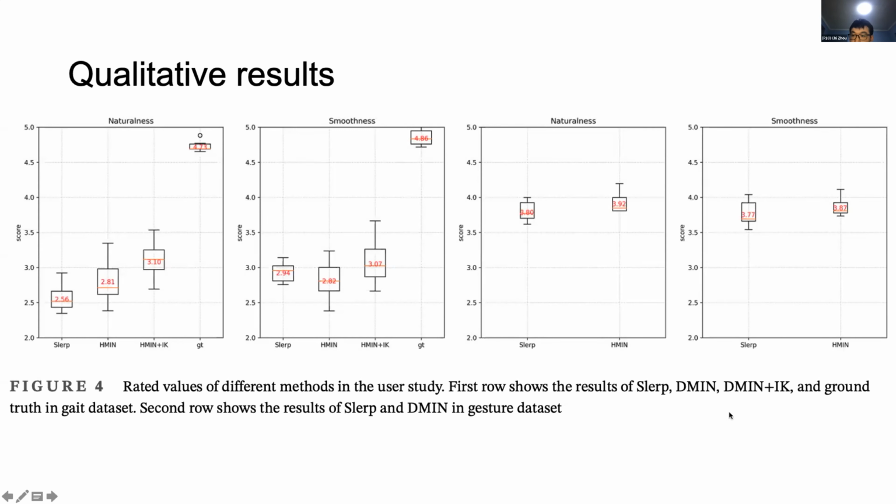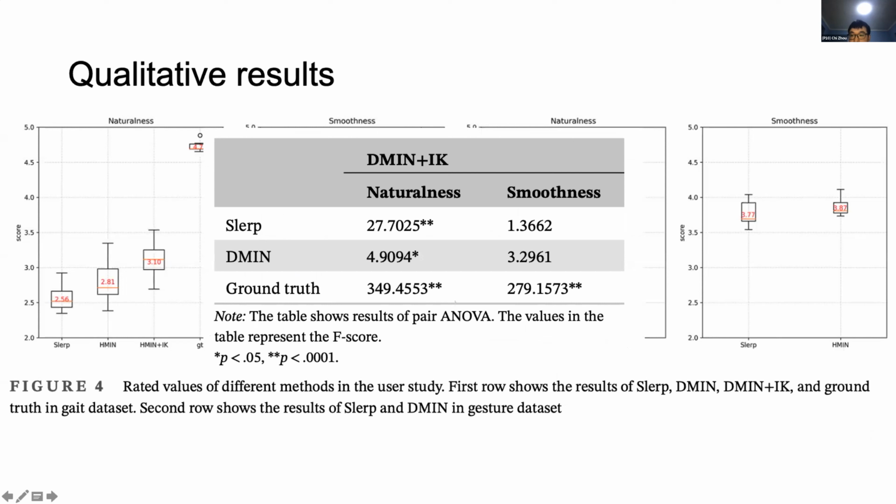And this figure shows the rated results and shows that our method is better than slerp in naturalness and smoothness. And this table shows the results of a t-test. The test shows that our method is better than slerp in terms of naturalness and smoothness.